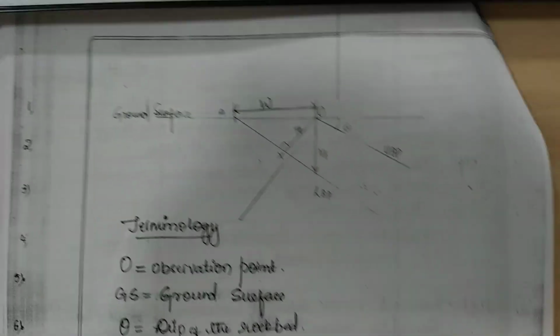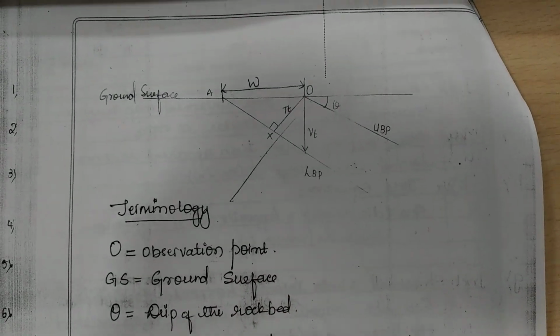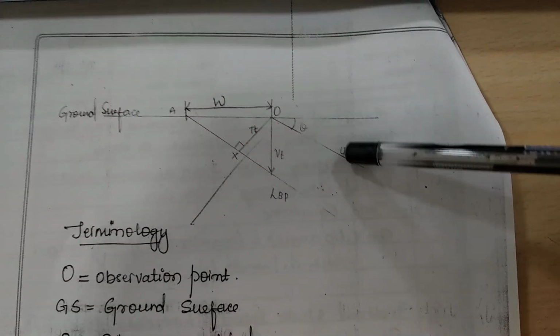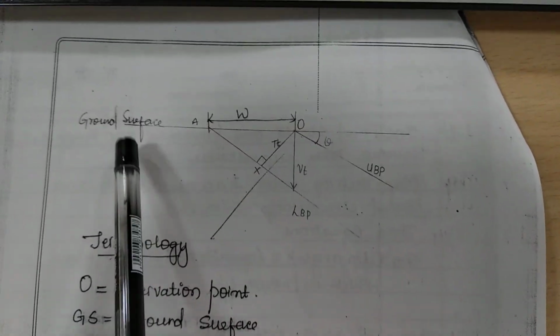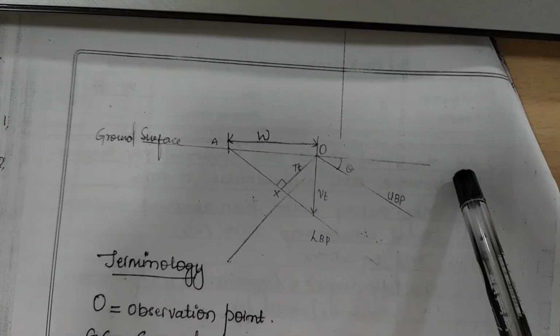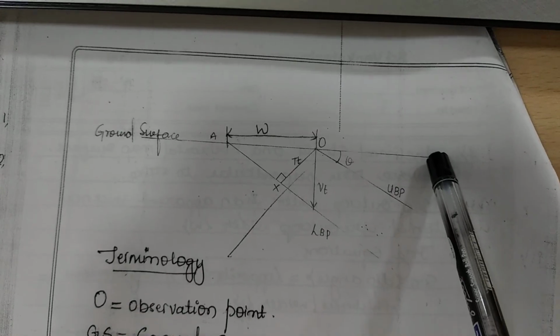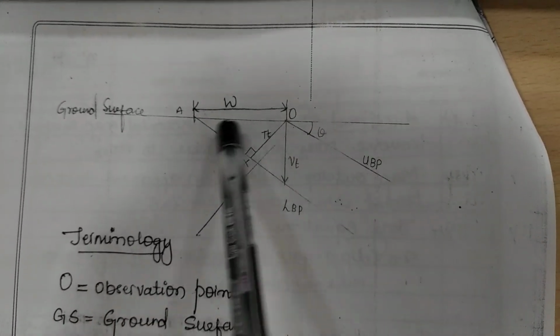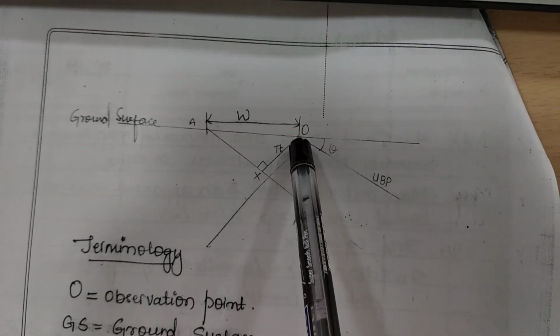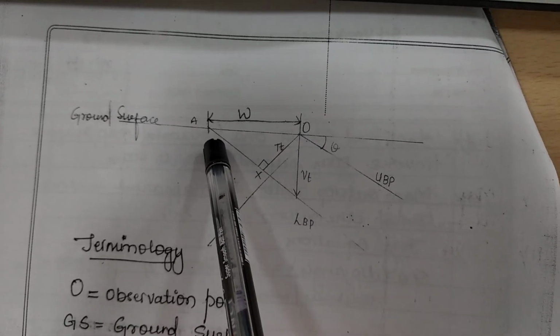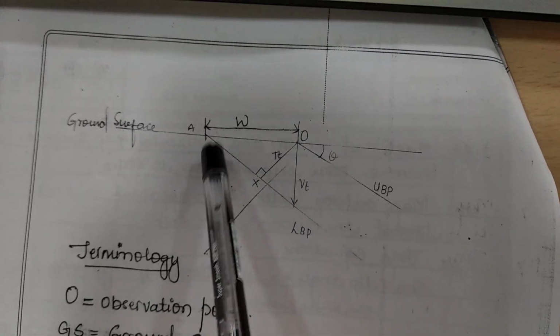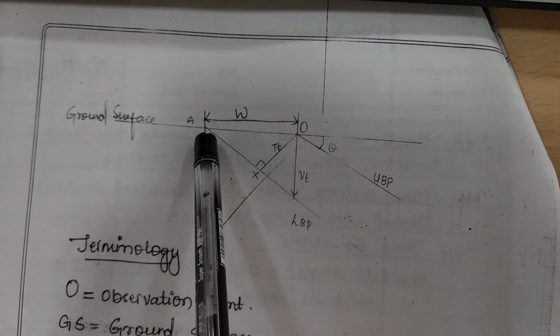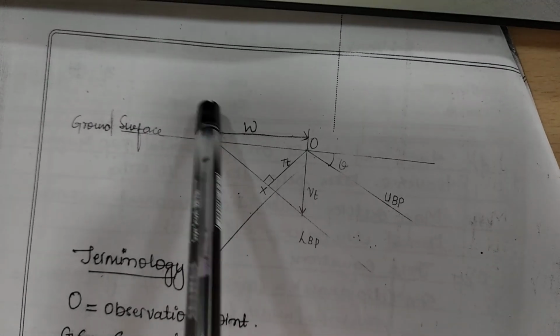Now here there is a diagram. This is the surface of the earth, the ground surface. O is the observation point, and A is another point. From here to here, the rock is exposed on the surface of the earth.